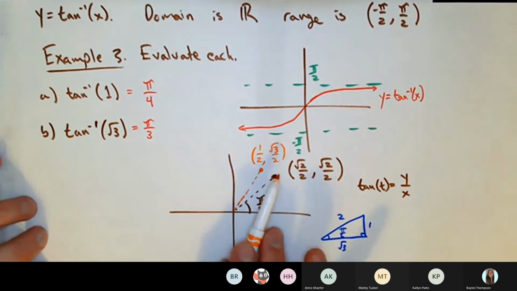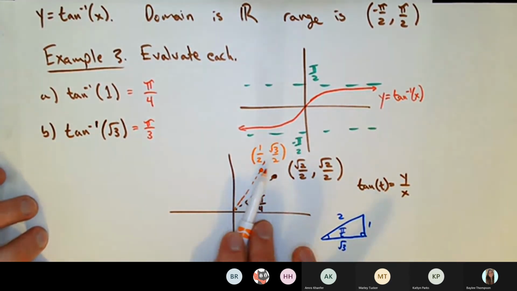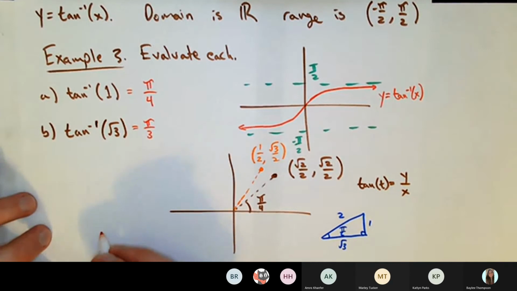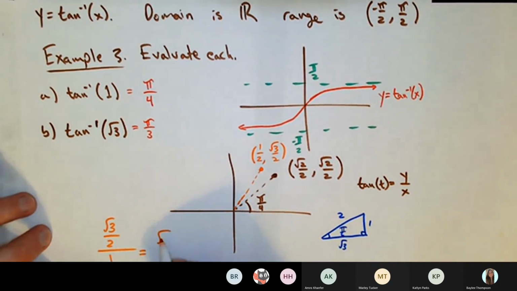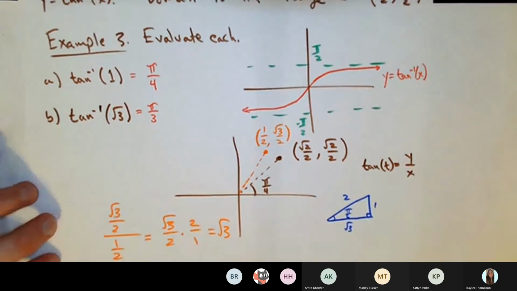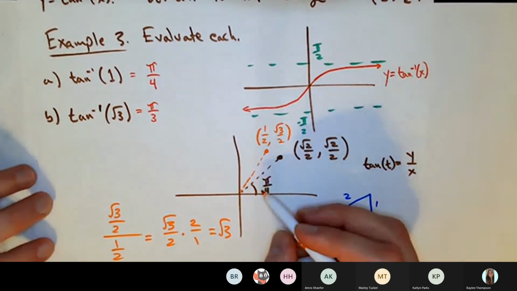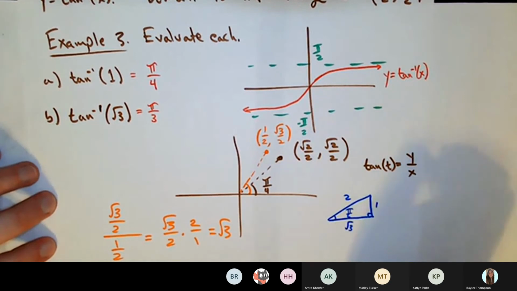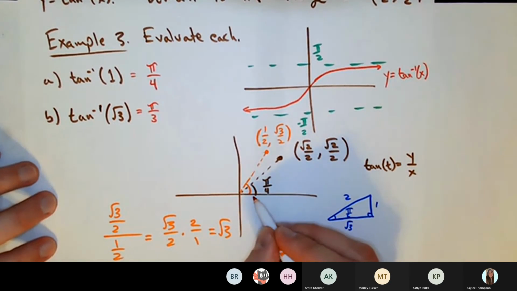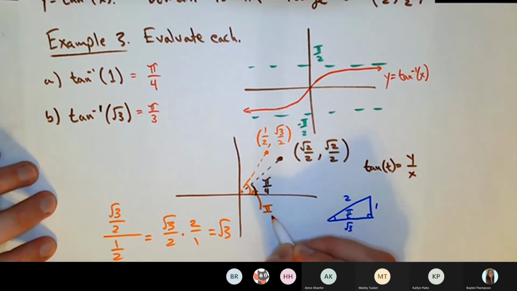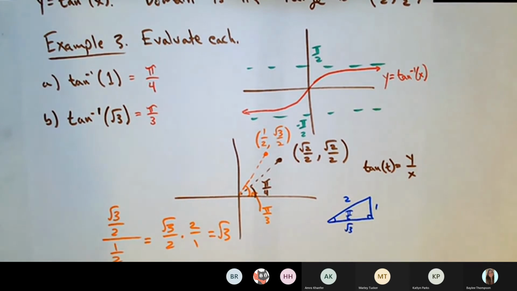Sorry, I just had a brain fart. So if you're thinking of stacking these y over x, then that math would work out: square root of 3 over 2 over 1 over 2 is the same as square root of 3. That fraction arithmetic is going to give you that square root of 3 that you're looking for at that angle, which is pi on 3. This is what I mean by know how to use the unit circle.